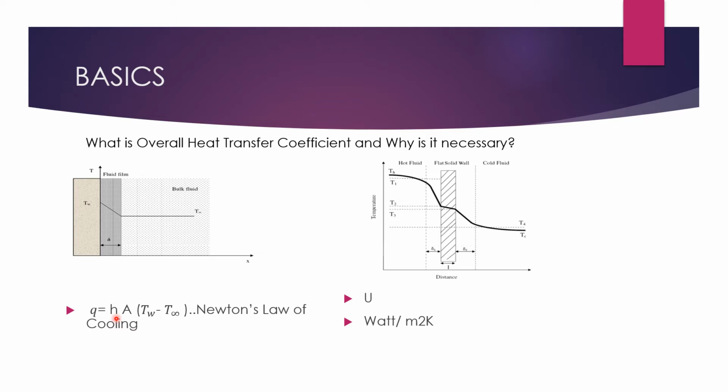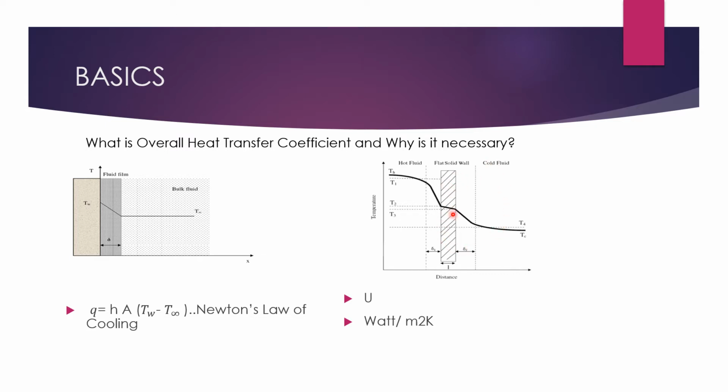Now this is an individual heat transfer coefficient. But when the arrangement is like this, that is, two fluids, hot fluid and cold fluid, separated by a solid wall, then it is necessary to consider the hot fluid and the wall as one system, and the cold fluid and the wall as another system.